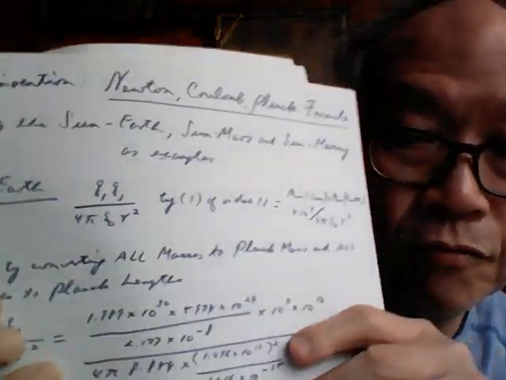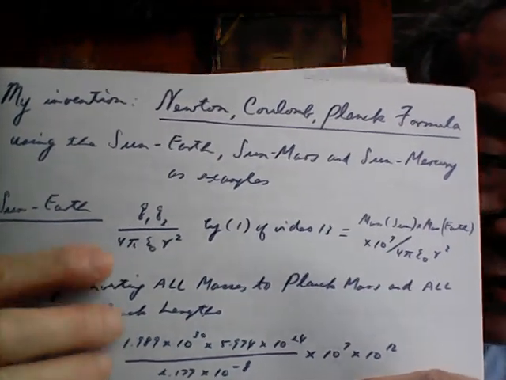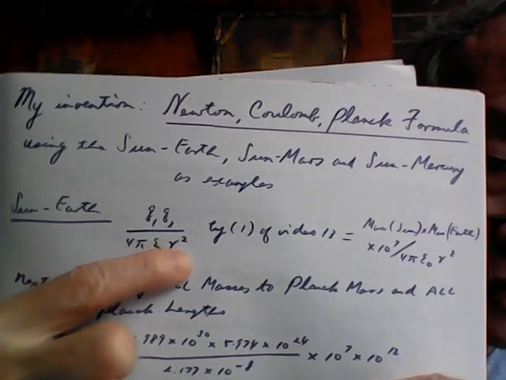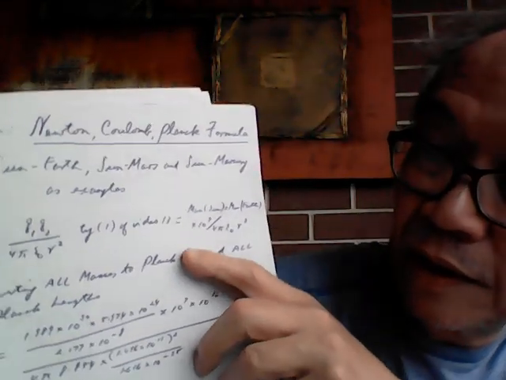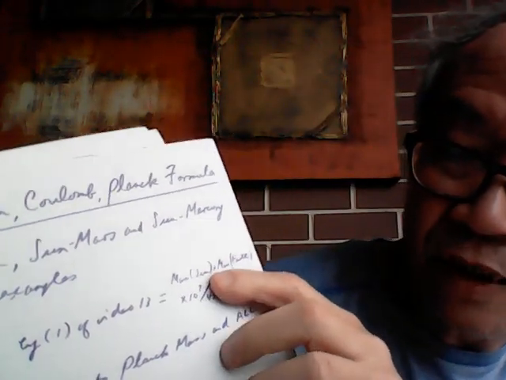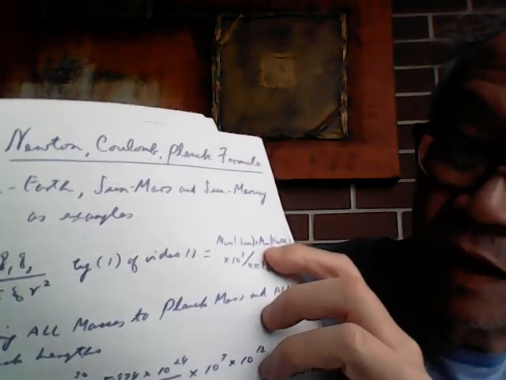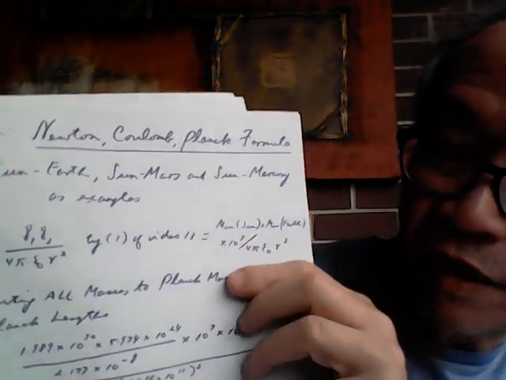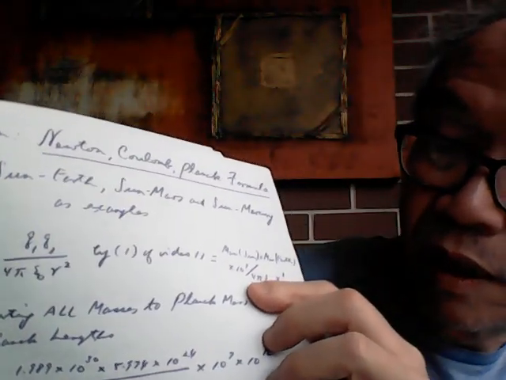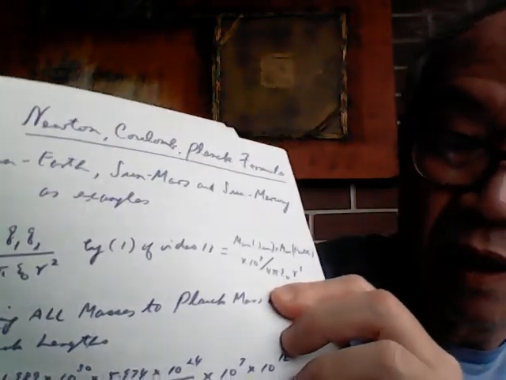So using equation 1 just mentioned, Q1 Q2 over 4 pi epsilon naught r square, and then by equation 1 of video 13, is just equal to the mass of the Sun times the mass of the Earth times 10 to the power 7 divided by 4 pi epsilon naught r square.